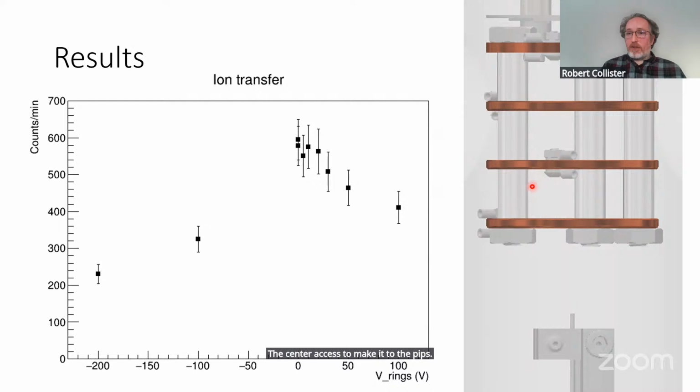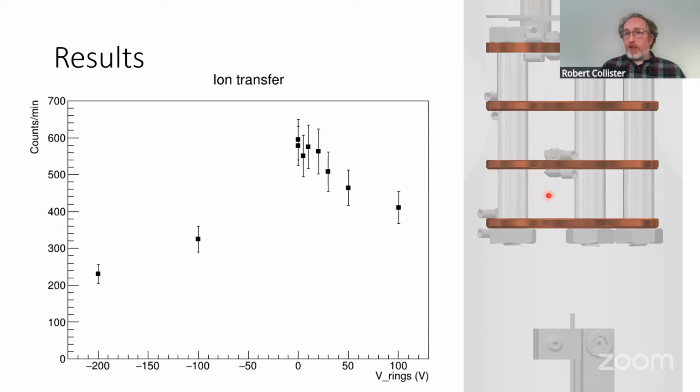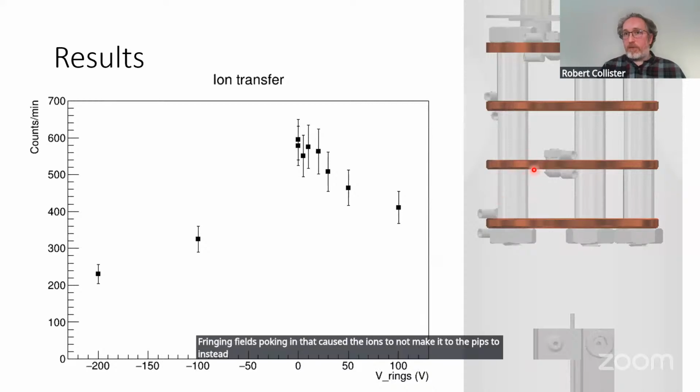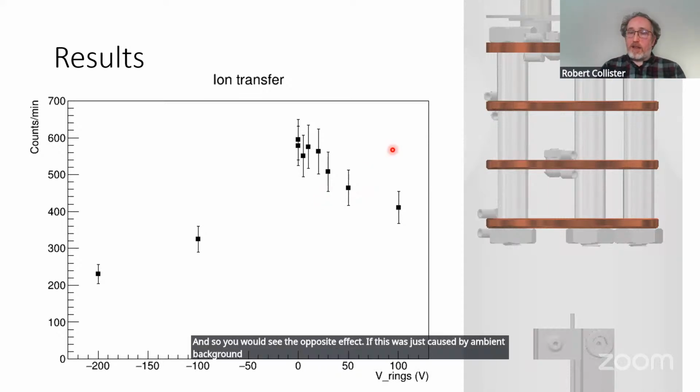For weaker electric fields, they're more influenced by the grounded wall out here that you've got some larger fringing fields poking in that cause the ions to not make it to the pips, to instead have them hit somewhere on the field rings or that. And so you would see the opposite effect if this was just caused by ambient background decays inside the chamber itself. And so we're really convinced that this is working.